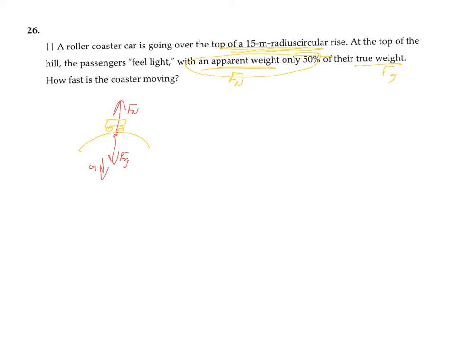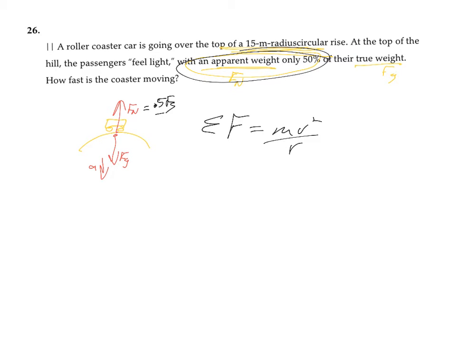So over to F, the sum of all the forces equals mv squared divided by the radius. I have two forces, and they said my force normal now is half of my force gravity just by what they told me over here. So force normal is going to be negative because it's pointed away from the center of the circle.